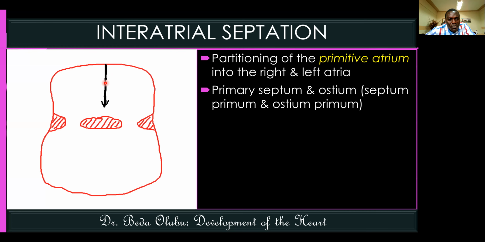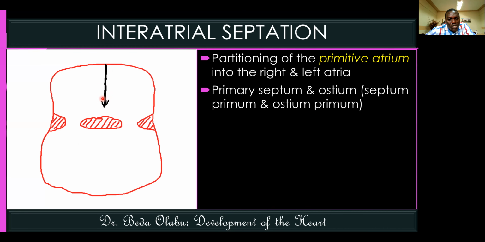Therefore, as this septum forms, we will not allow it to completely block this channel, because we want blood to be flowing from here to this side so that it can flow this way. Having said that, when this septum is forming, there will still be a narrow opening. This narrow opening is what we are calling the primary ostium. You can call it ostium primum.